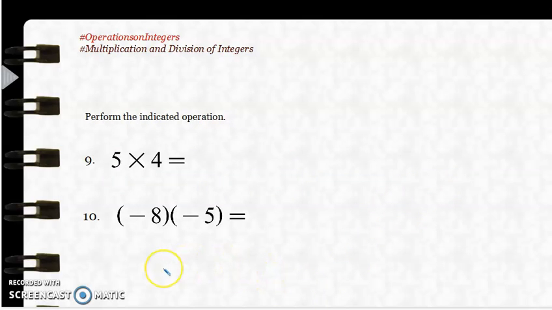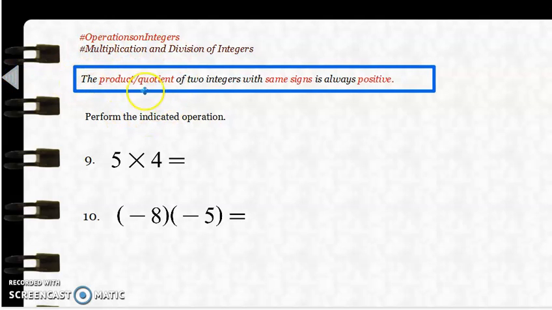Okay, this time around, we are going to have multiplication and division of integers. Why do we have to take the two operations at the same time? It's because the rule for both operations is the same, so we're just going to take it as one. The rule states that when you get the product or quotient of two integers with same signs, the resulting sign will always be positive.